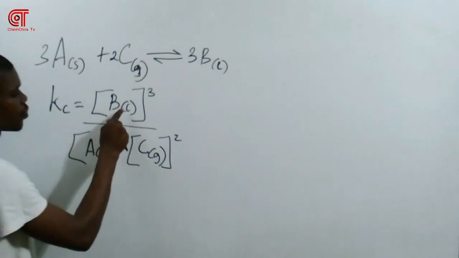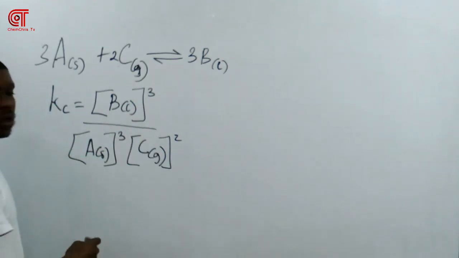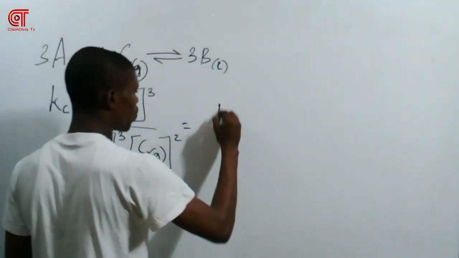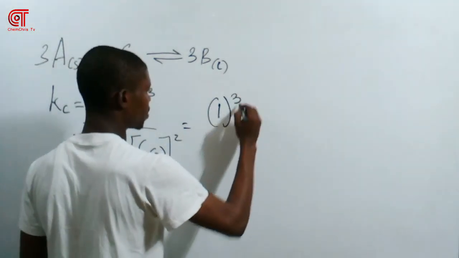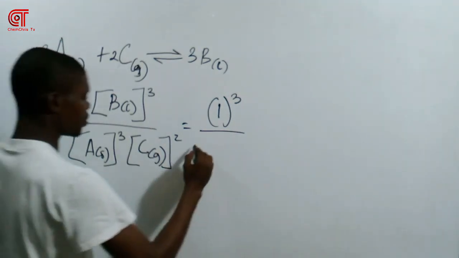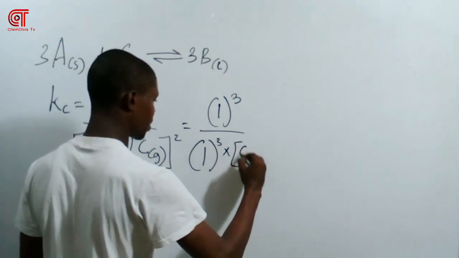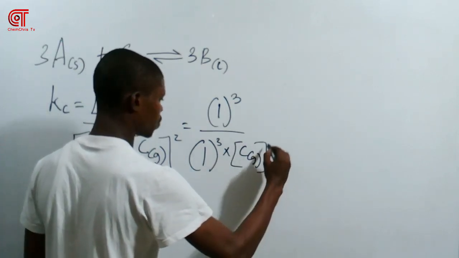But the concentration of a liquid is always constant, so it's regarded as 1. So it's 1 raised to 3 over, and solid is the same thing, so it's going to be 1 to the power 3 times the concentration of C raised to 2.